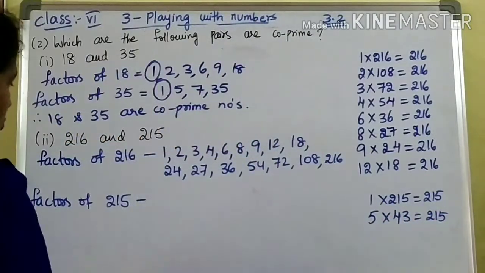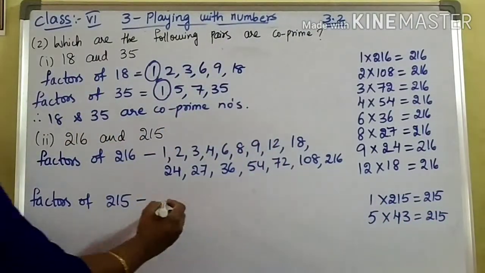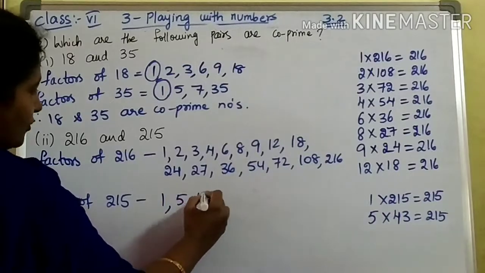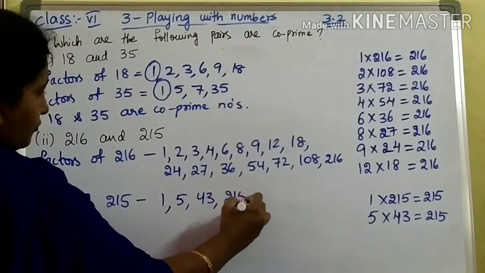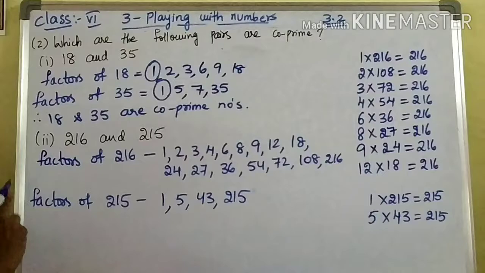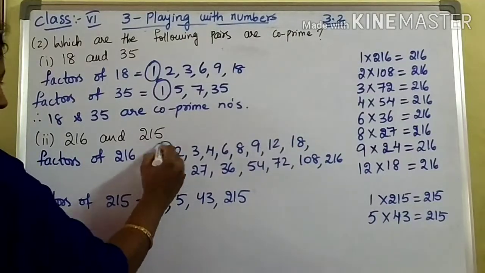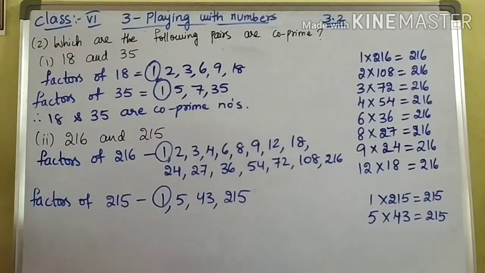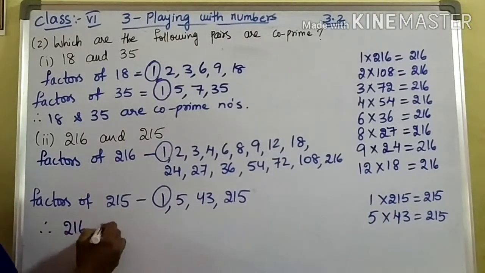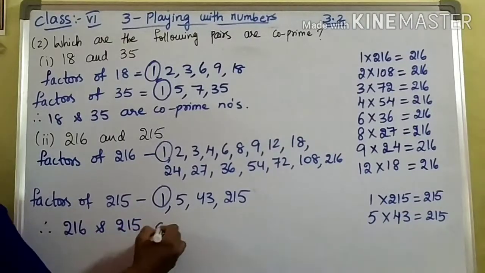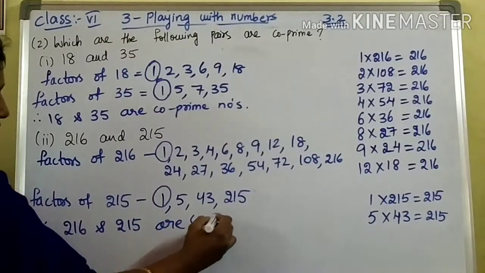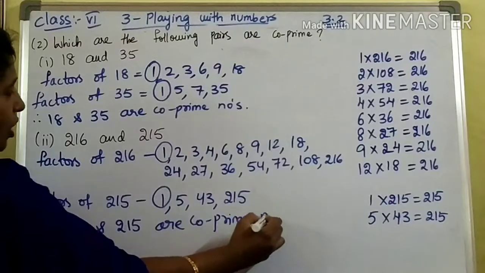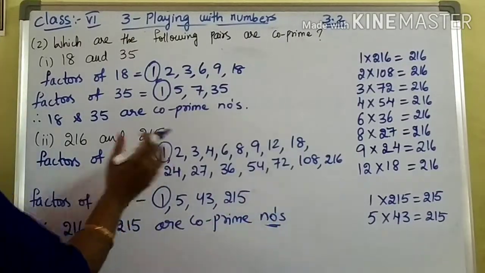So the factors of 215 are only 1, 5, 43 and 215. Now we will see what the common factors in these two numbers are. 1 is common. Any other common number in these two? No, only 1 is the common factor. Therefore, I can say that 216 and 215 are co-prime numbers. And keep in mind, children, that two consecutive numbers are always co-prime numbers.